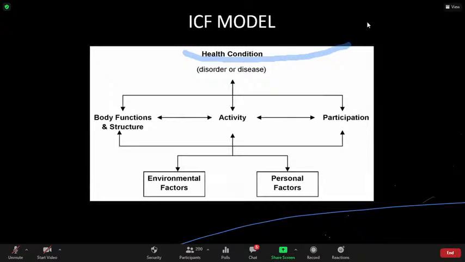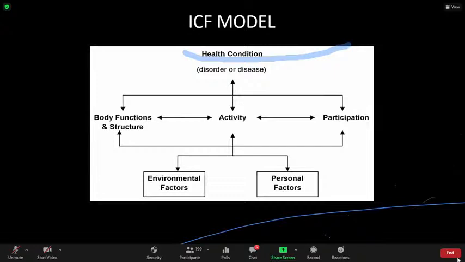Most of the time, whenever we are dealing with neuro patients, specifically CP or other neurological patients, it takes a long time to see changes with therapy, and parents usually ask how long it will take, when he will start doing this or that.